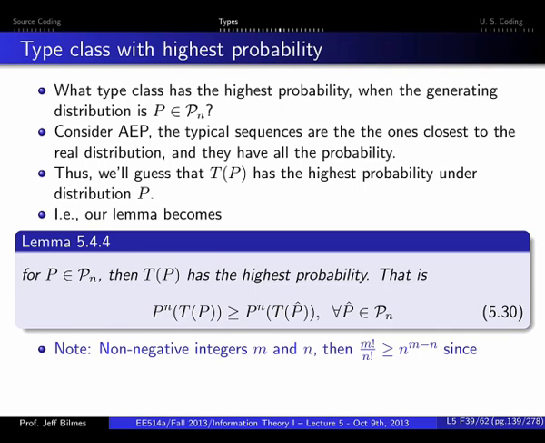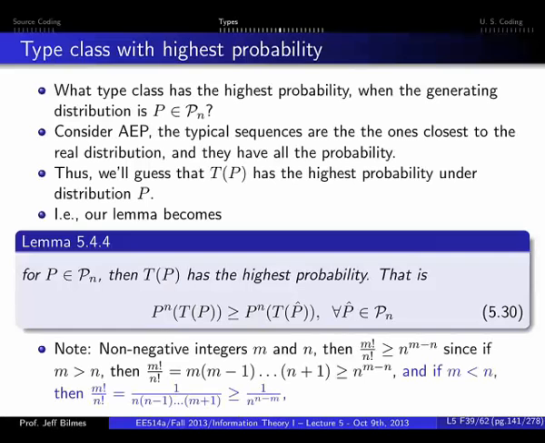There's another quick thing that we're going to show. I'm not going to explain it, but we're just going to assume that this is true. I actually have the explanation of why it's true down there, so you can look at it offline. This is saying that m factorial over n factorial is greater than or equal to n to the m minus n, regardless of whether m or n is greater than or less than each other.